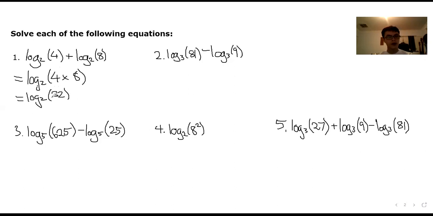Now we can evaluate this. Let's make things simpler by converting this 32 into its index format. What I mean by that is that this 32 is now going to be 2 to the power 5, since 2 to the power 5 equals 32.